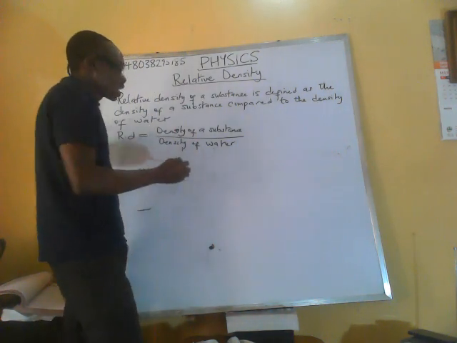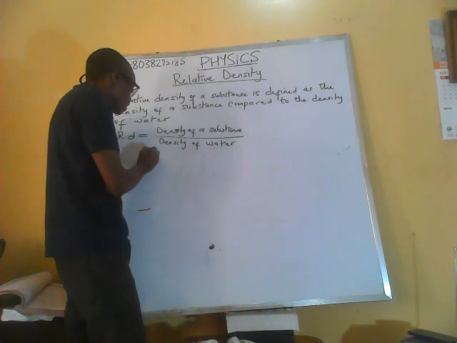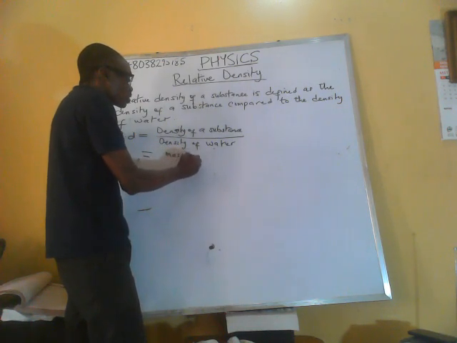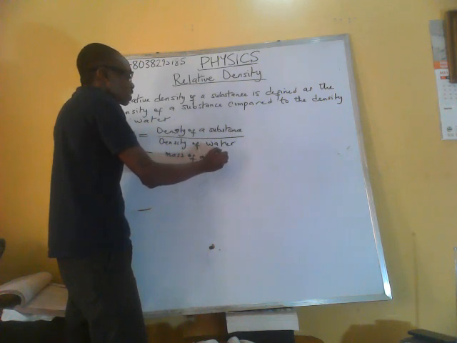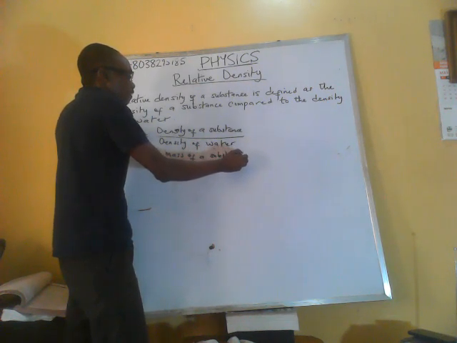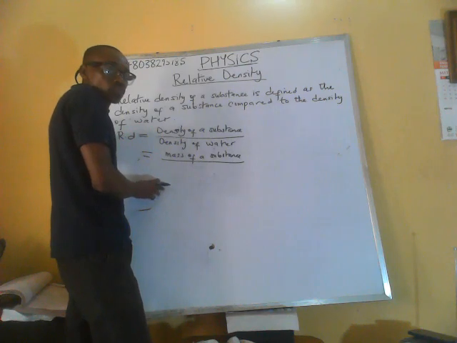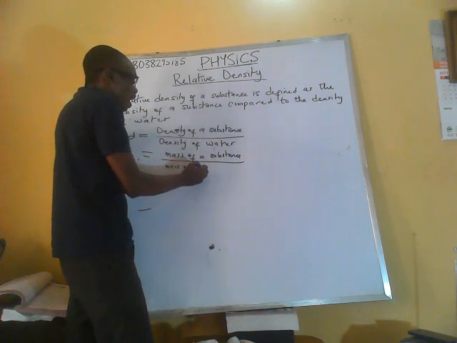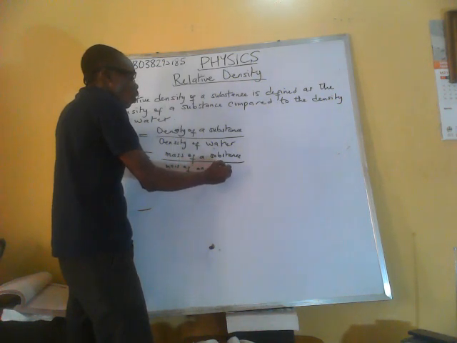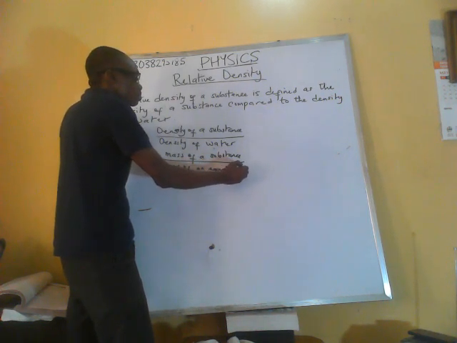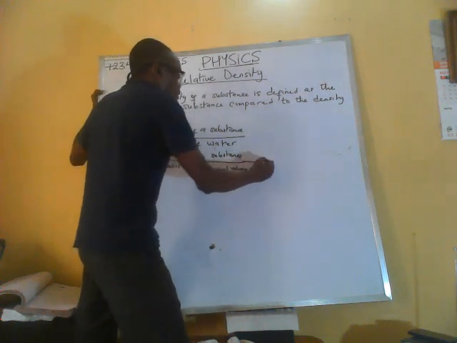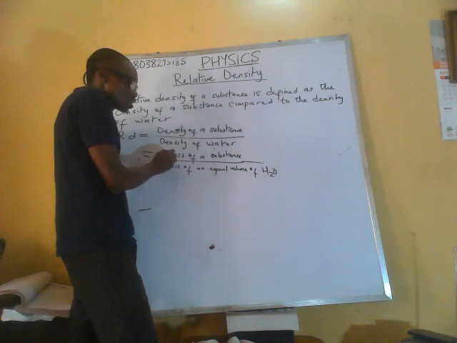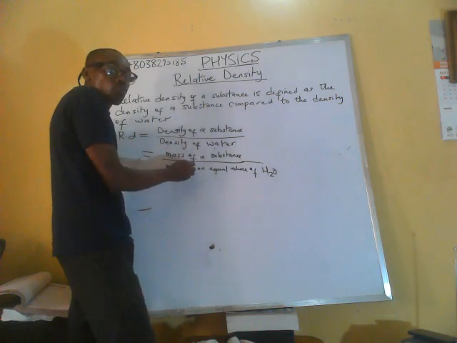There are other formulas that can also be used to calculate relative density. Another one is the mass of a substance over the mass of an equal volume of water.